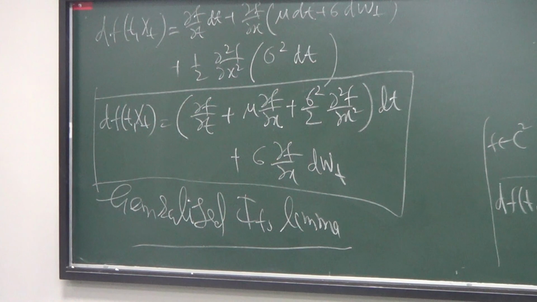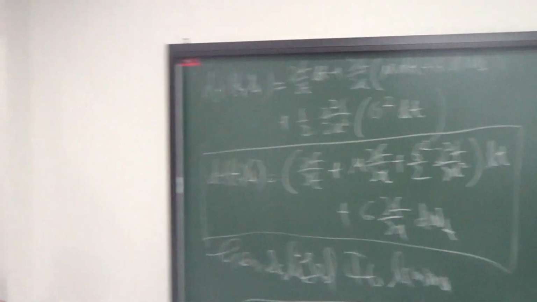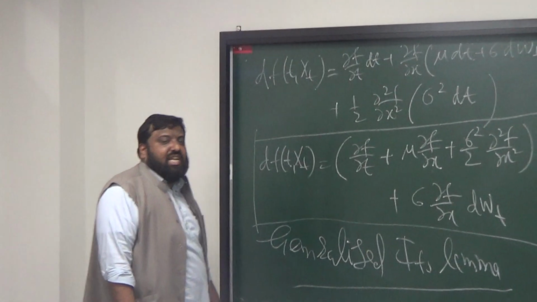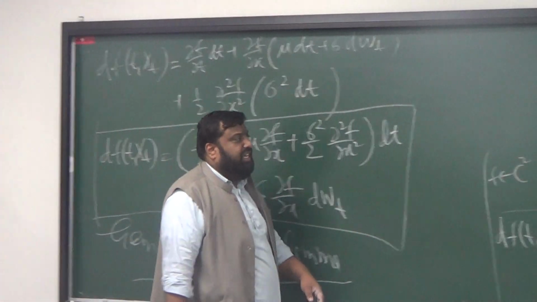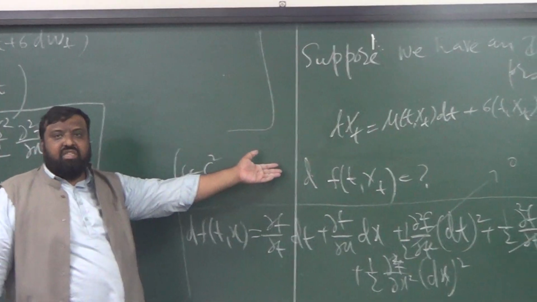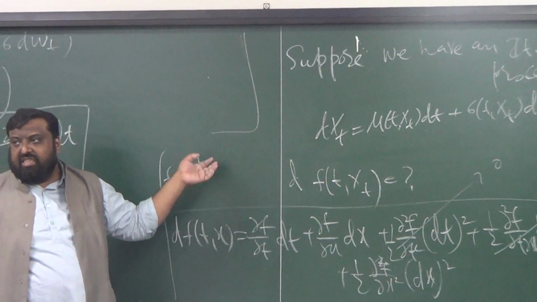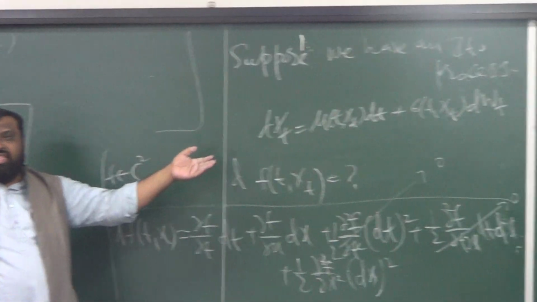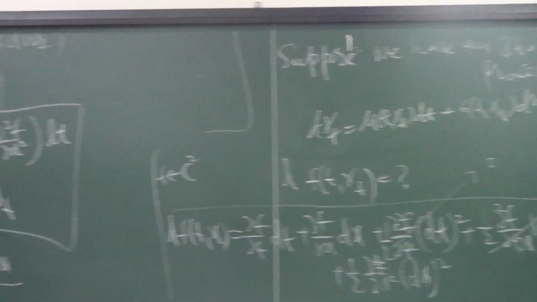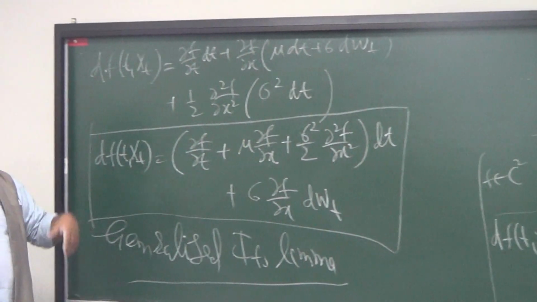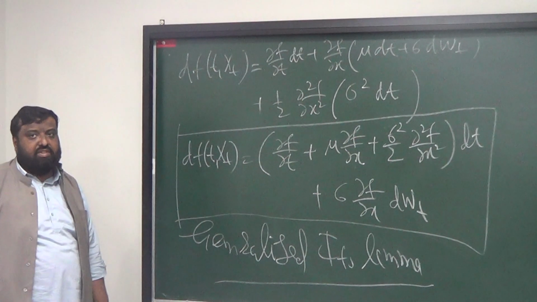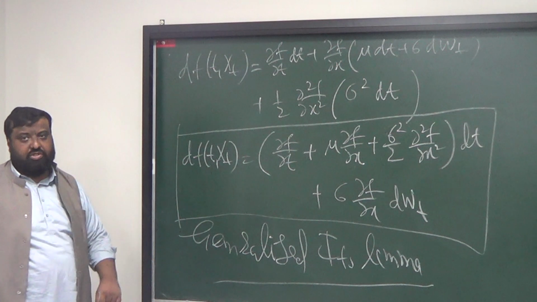We're going to apply the generalized Ito lemma in those situations where I have an Ito process that satisfies a stochastic differential equation, and you want the dynamics of a function of that Ito process.